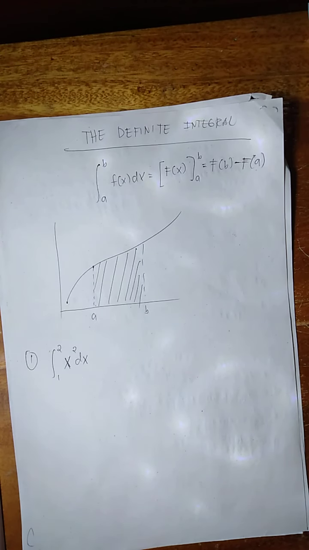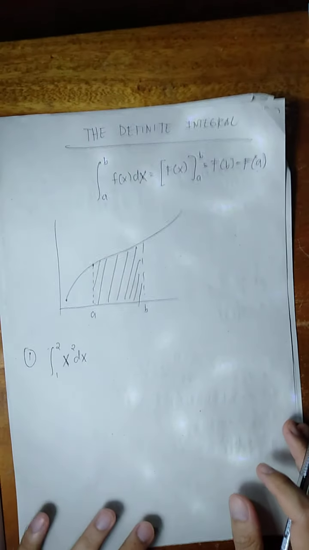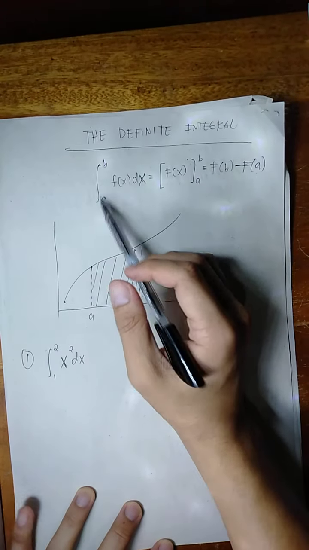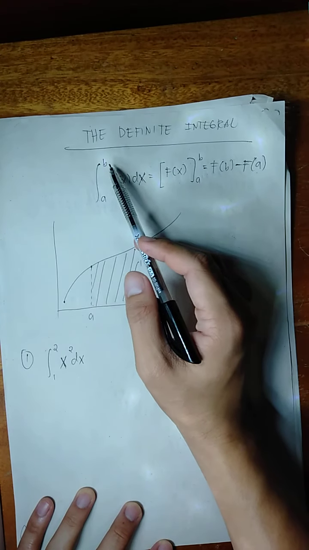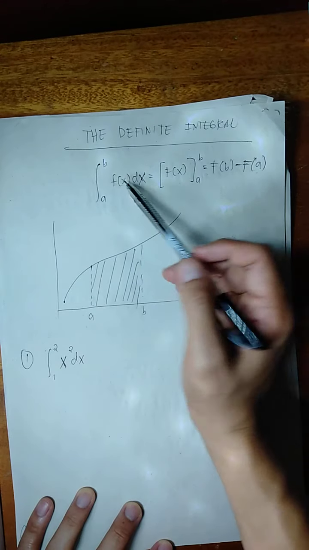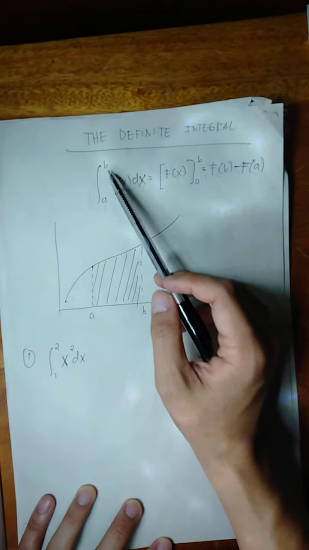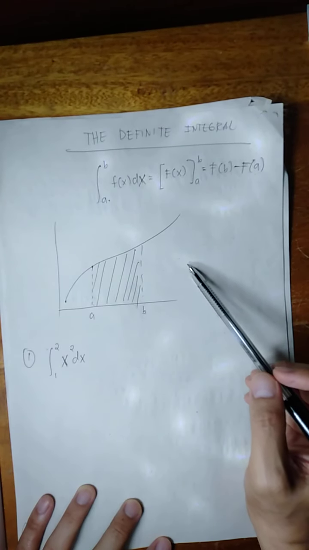And kung mapansin natin, ang ating general formula ng definite integral ay ito. The integral of the function of x dx integrate from b to a. So itong b, that's your upper limit. So dito, introduce natin yung sinasabing upper and lower limit. So we have here a curve.